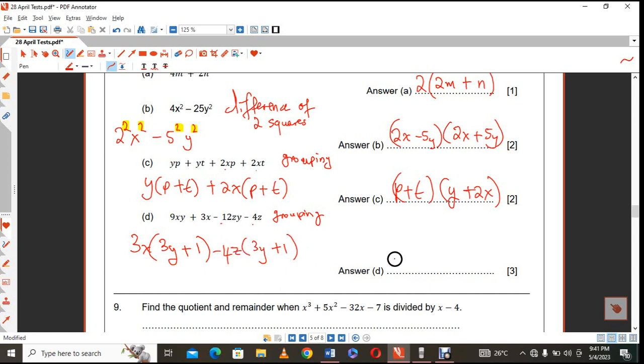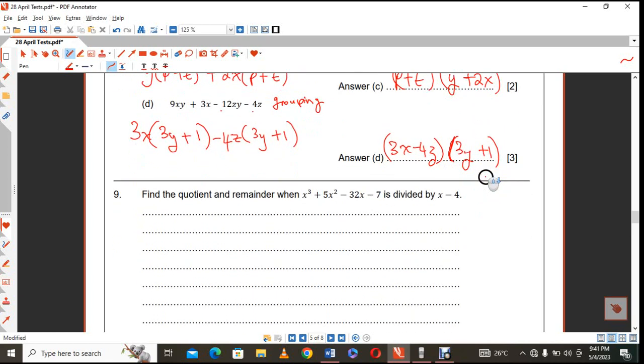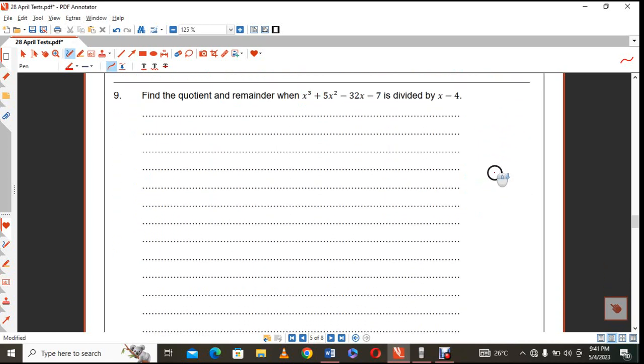Okay, so the one bracket will be 3x minus 4z, if you have to write it like that, or 3y plus 1. So these are your two brackets. Again, my point, it does not matter how you arrange the brackets as long as you factorize from those 4 terms to one term.